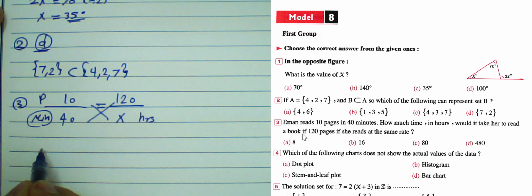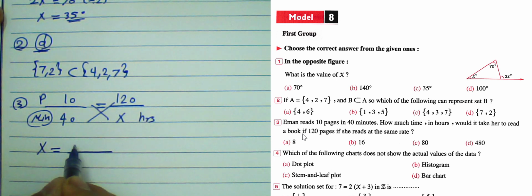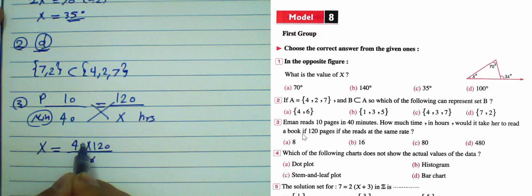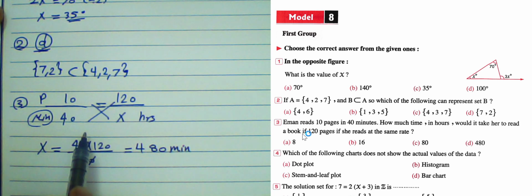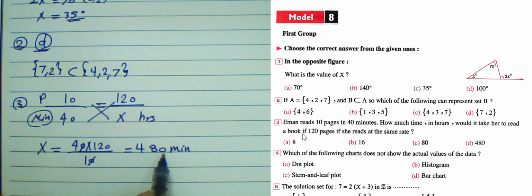First step, we find the time. x equals 40 times 120 divided by 10. Cancel 0 by 0 here, and 4 times 120. 4 times 2 equals 8, 4 times 1 equals 4. Then he reads 120 pages in 480 minutes.